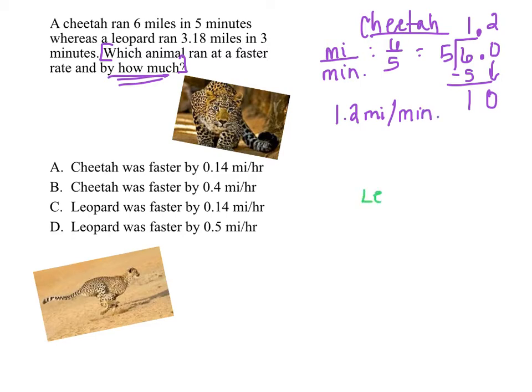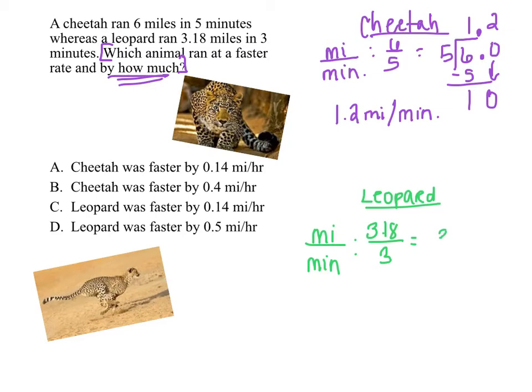Okay, now let's look at the leopard. Again, we're still comparing miles per minute. So 3.18 miles he can run in 3 minutes.